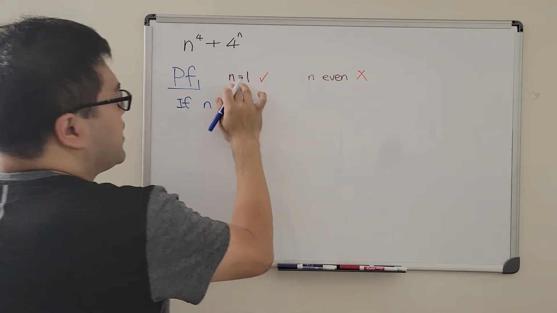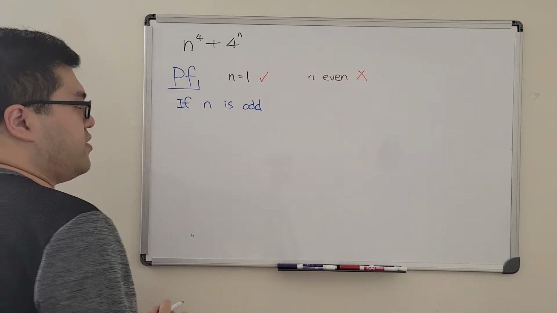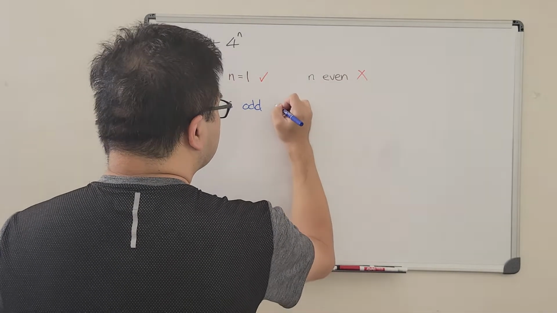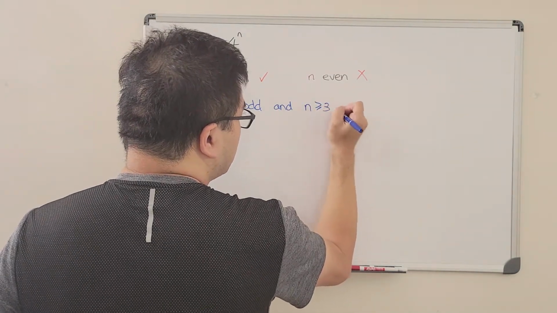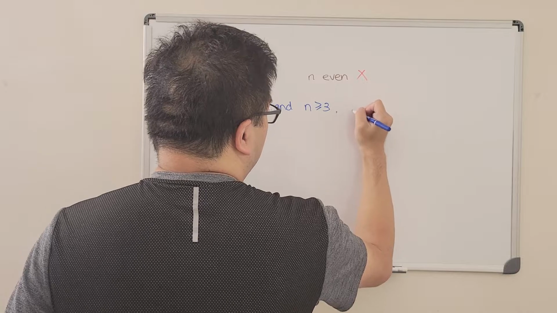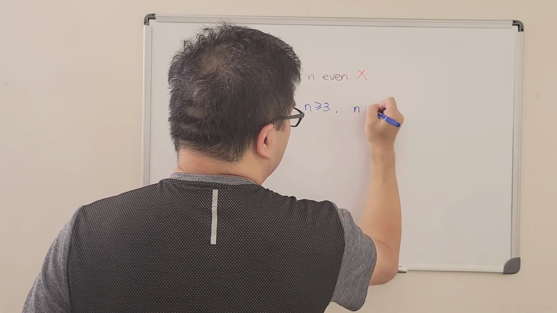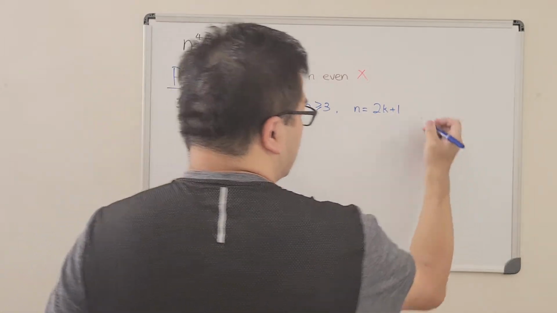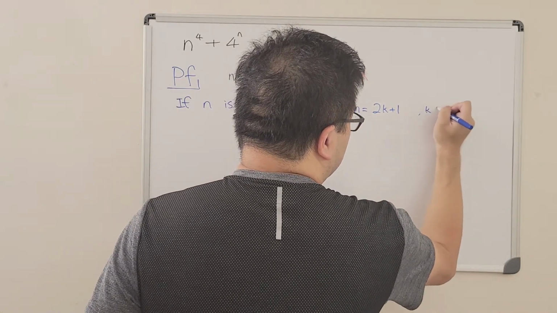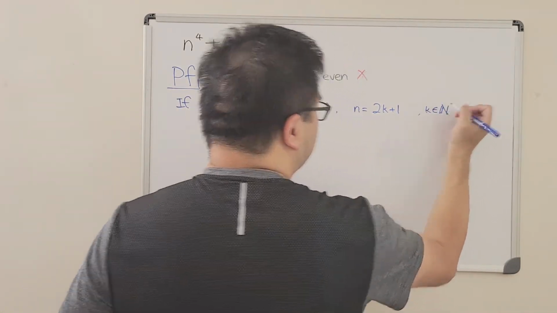We're of course not including the case that we already found, which means n is greater than or equal to 3. We can suppose that n is equal to 2k plus 1, and again k is some natural number.